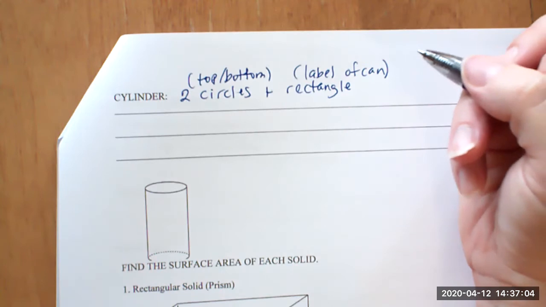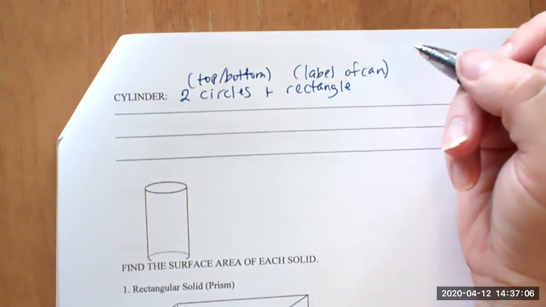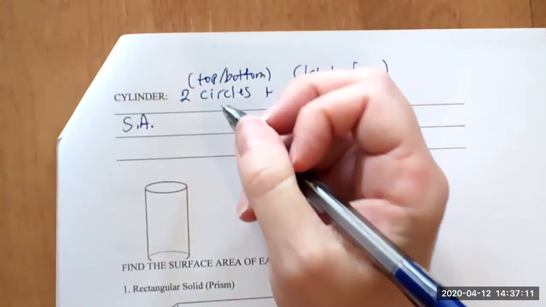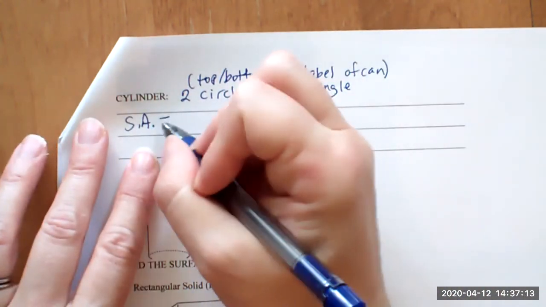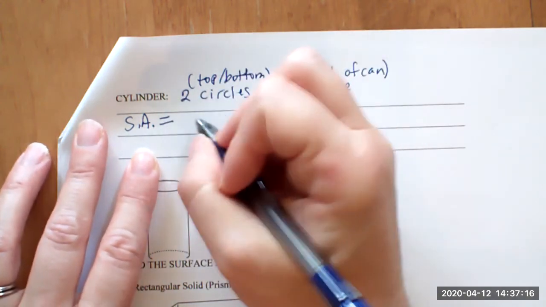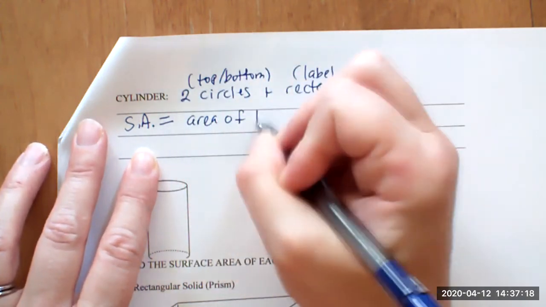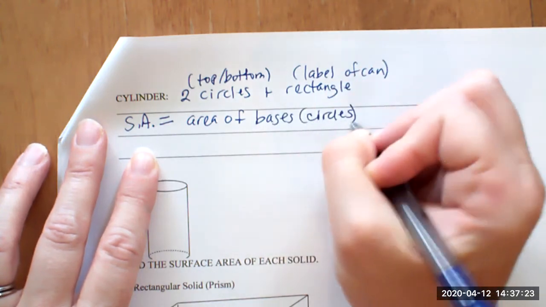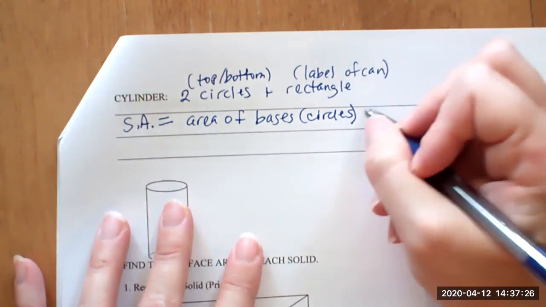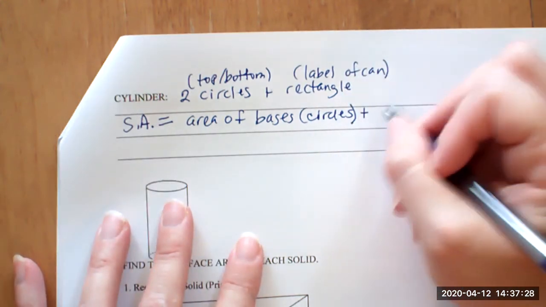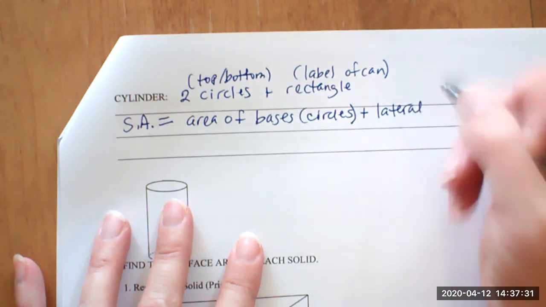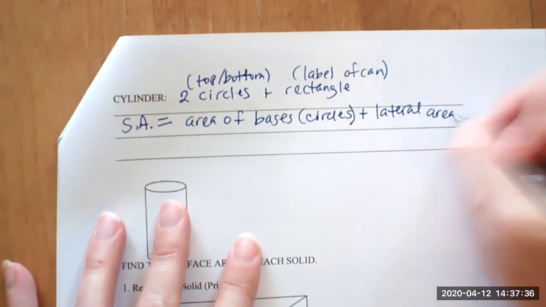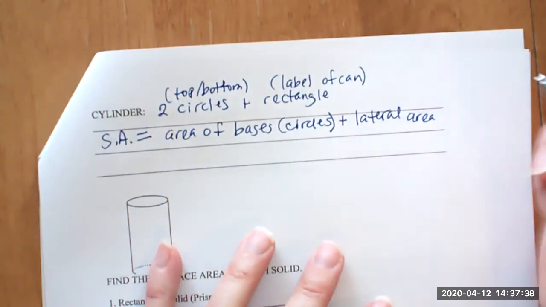If I want to calculate the surface area, which I'll abbreviate SA, that's going to be the area of the bases, which are the circles, plus the lateral area. The lateral area is the outside of the can, the label, so the lateral area is the rectangle that forms the label on the can.